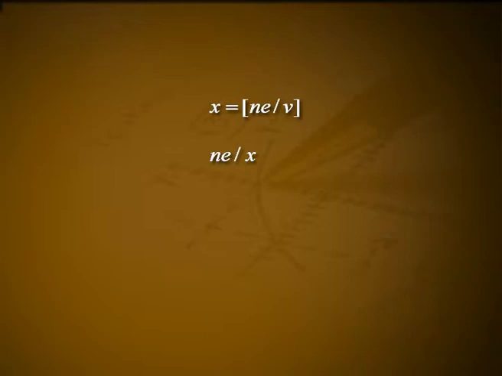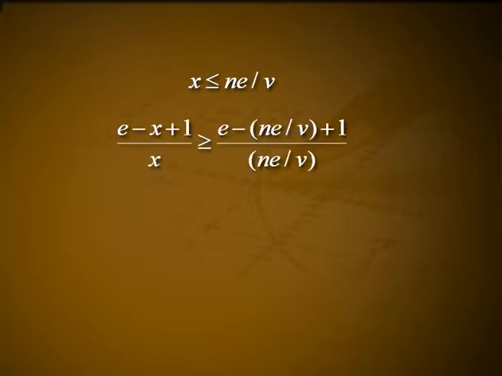We shall show that it is impossible for each of E minus x plus 1 other candidates to receive at least nE/x votes. Indeed, it is easy to see that since x is less than or equal to nE/V, we have (E minus x plus 1)/x is greater than or equal to (E minus nE/V plus 1)/(nE/V).